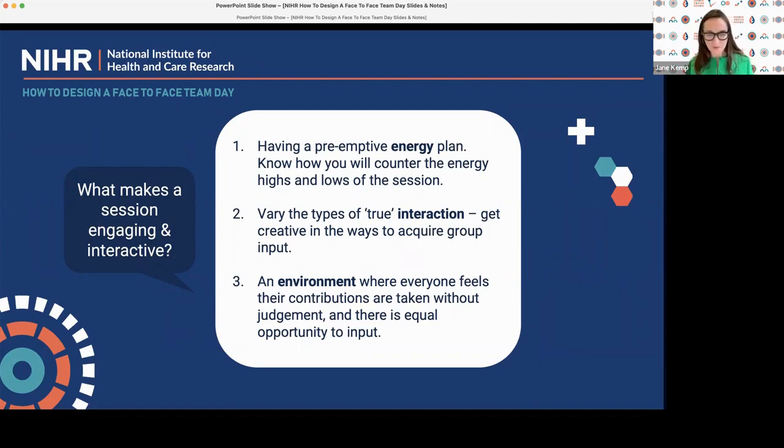So think about those, and then we can refer back to them, act as a reminder as and when we need to, but just make sure that we're creating that environment where everybody feels equal. The ideas can come from anywhere, the contributions can come from everybody, and making sure that everybody feels that they're able to contribute in a safe environment.